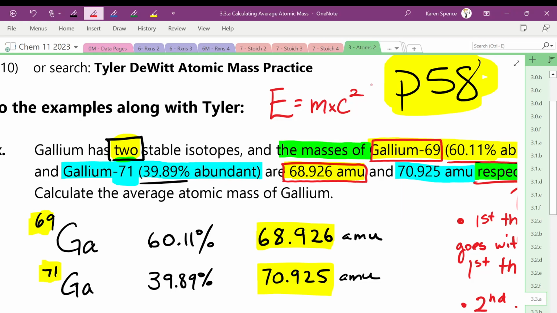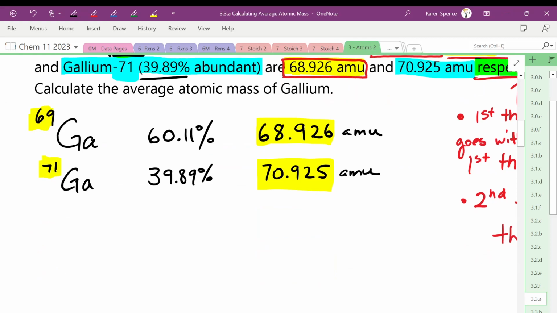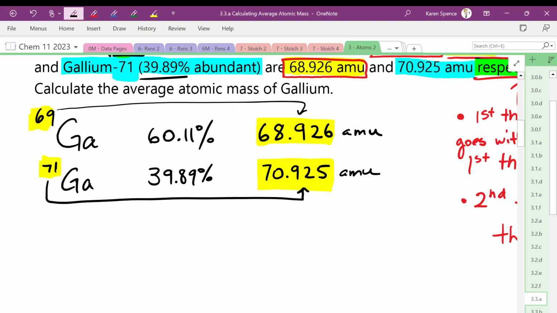Thank you for your theory of general relativity. And you can ignore that. And you can just say that I am going to believe the question when the question tells me that instead of using the number 69, I'm going to use the number 68.926. Yes? And instead of using the number 71, I'm going to use the number 70.925. Is good? Okay, so let's do this question.